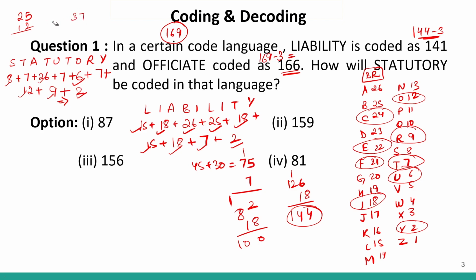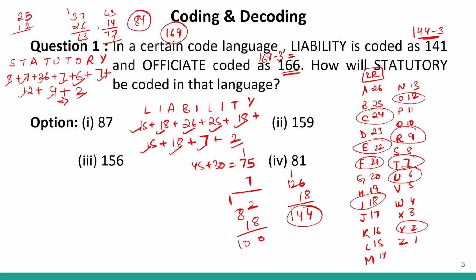This will be 63. 63 plus 14. This will be 77. And 77 plus 7. This will be 84.